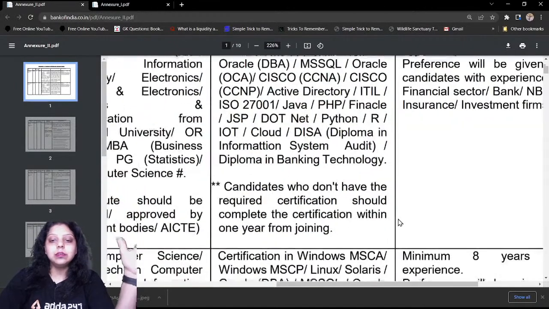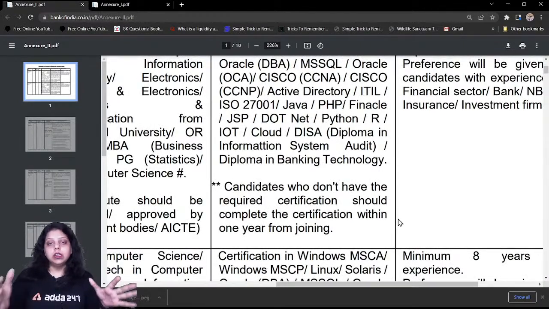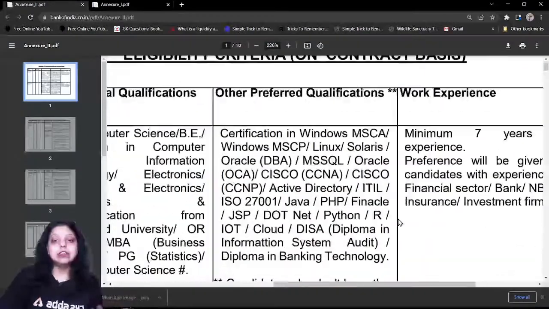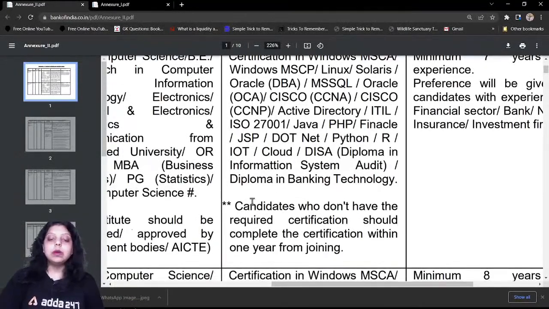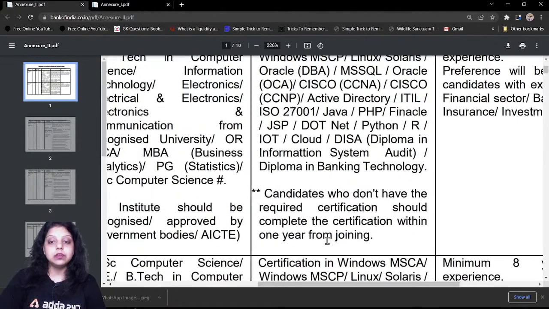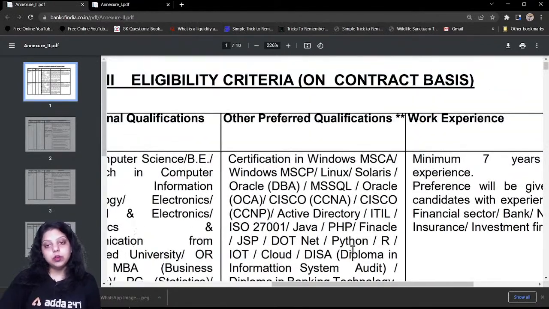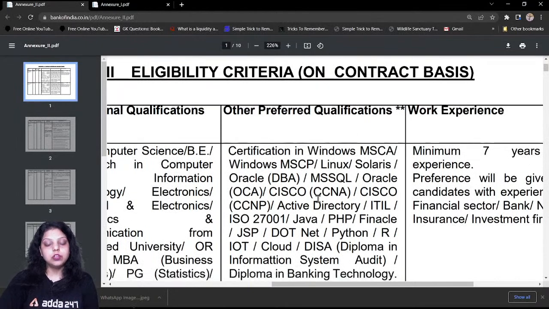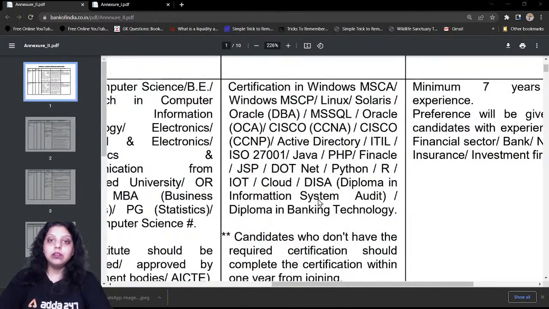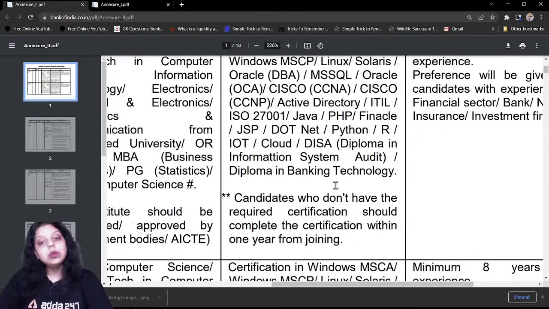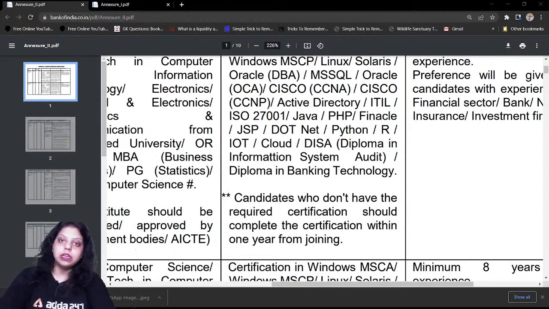These are the other skills required. Now, what they have said: candidates who do not have the required certification can complete the certification within 1 year from joining. These are the other preferred qualifications, but if you do not have the certificate right now, you can complete the certification within 1 year of joining.